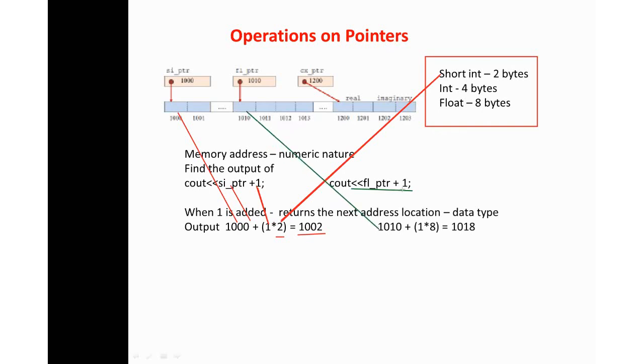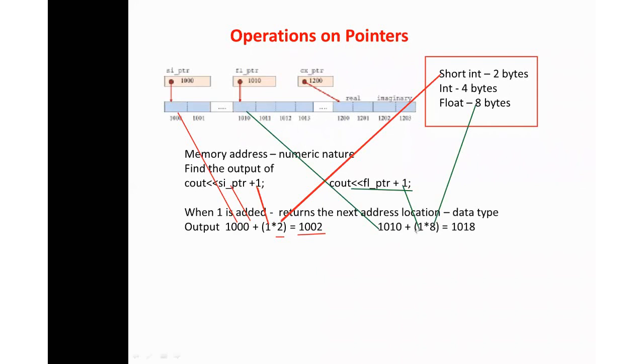How many positions do I have to move? Just one position only. How it will move is with the support of the number of bytes occupied by the data type. That is 1 into 8.